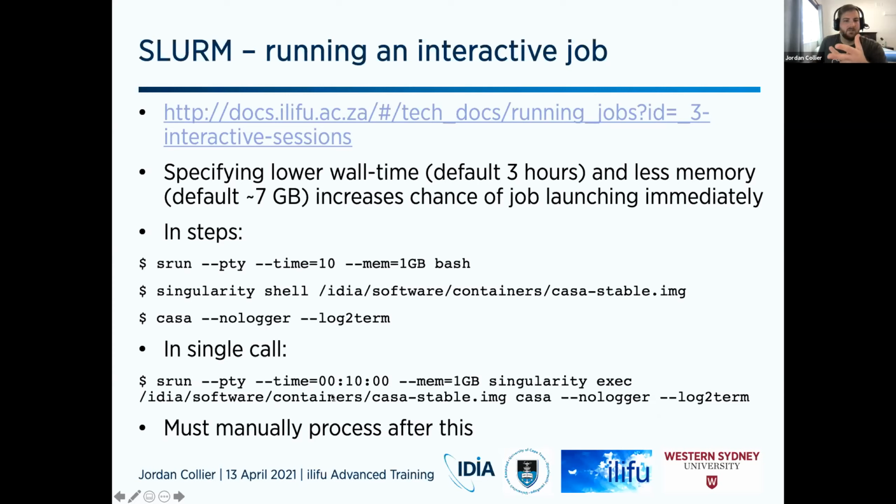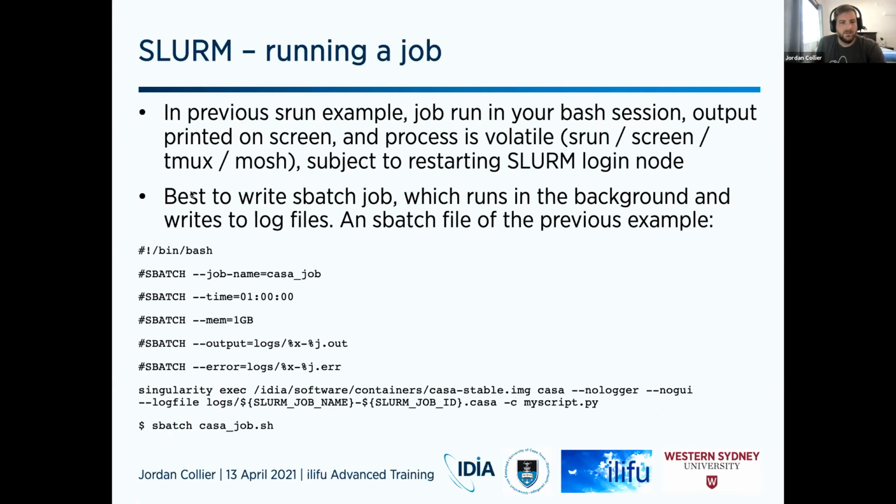But then after this, I must manually process, which is somewhat problematic because it's, I guess, a little volatile. So in the previous srun example, your job is running in a bash session, it's outputting everything to screen.